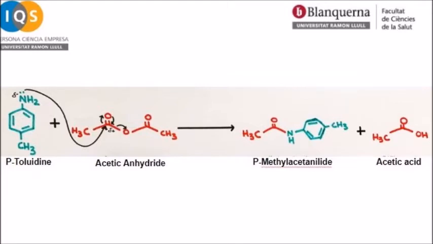The C=O bond is broken. The same C=O bond reforms, and the next C-O bond breaks, expelling the acetoxy group. The loss of a proton from the product to the acetoxy group produces p-methylacetanilide and acetic acid.